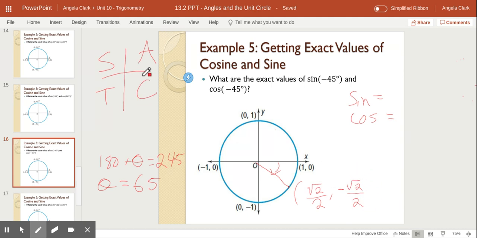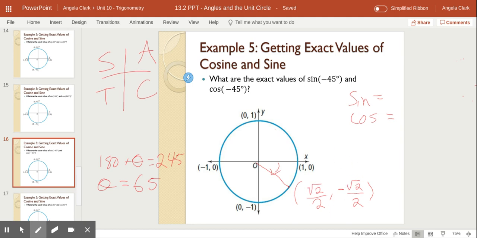So we could look here and say, okay, well, cosine is positive in this quadrant. So cosine is positive, sine must be negative. So you can either look at it by looking at this, or you can look over here and say, well, in this quadrant, x is positive and y is negative. So x is positive, y is negative.